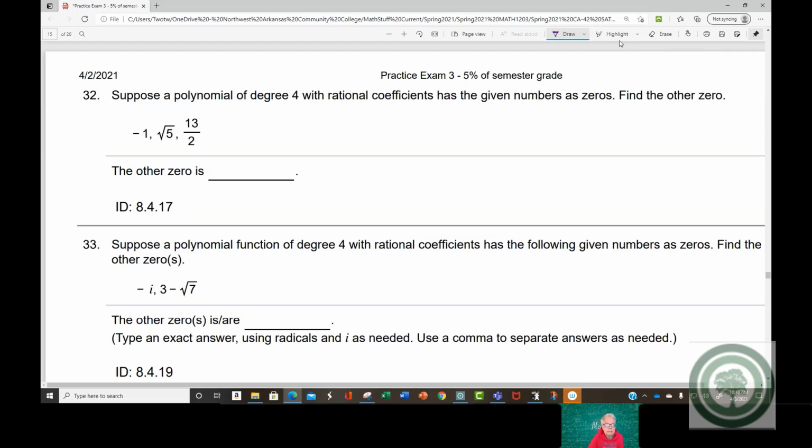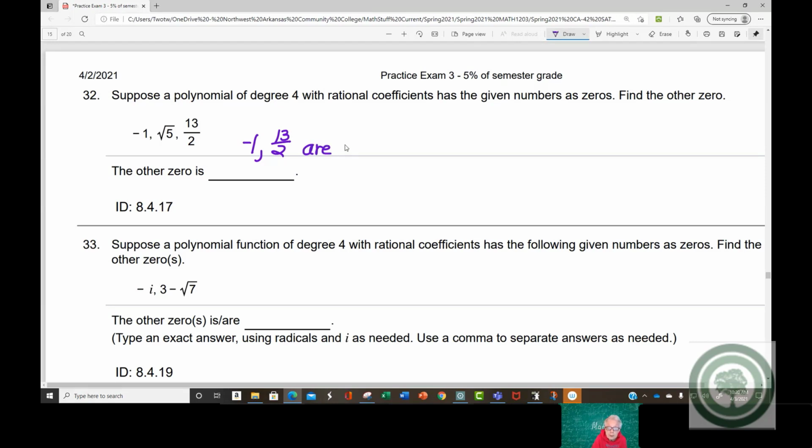Now, first, these are 3 zeros. Negative 1 and 13/2 are rational.